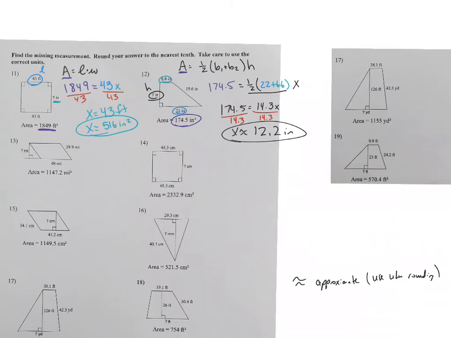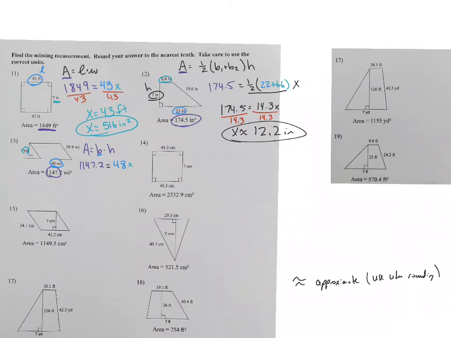Alright, so we have a parallelogram, which means the area is equal to base times height. There's my area, so I'm going to put 1,147.2 equal to the base. I see the base right here is 48. We don't know the height, so I'm going to put x.